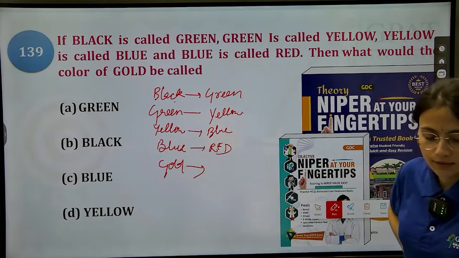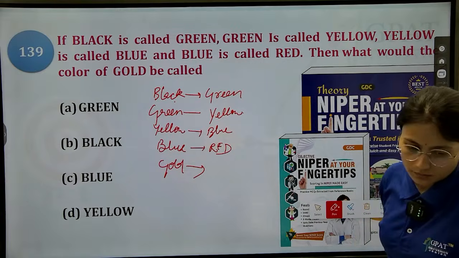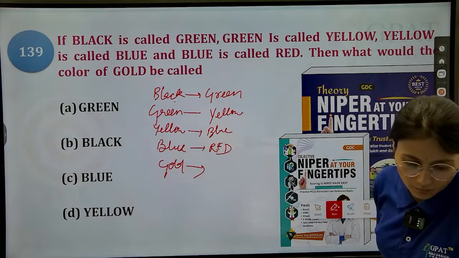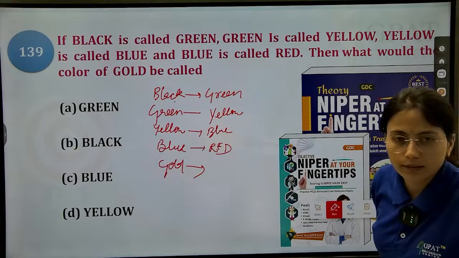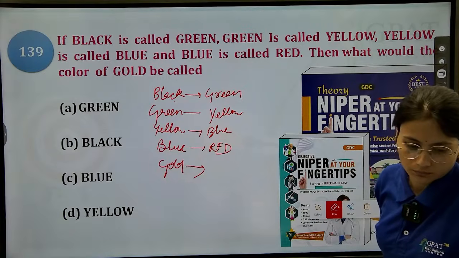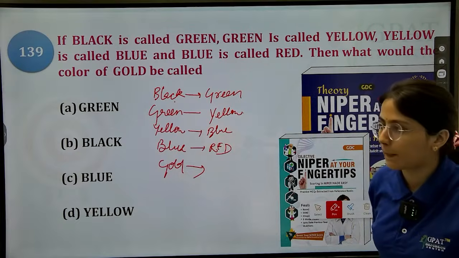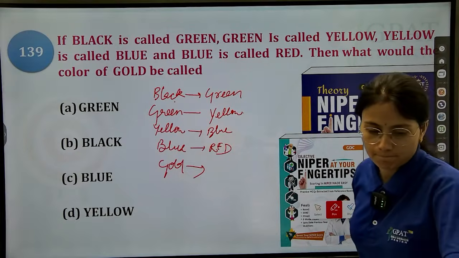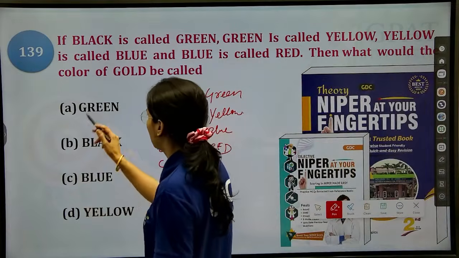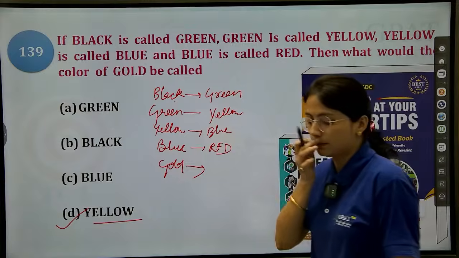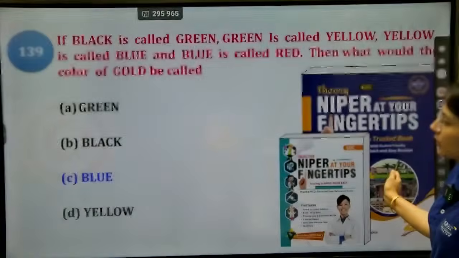So the answer is yellow, option D. Am I right? Status world, Vasundhara, issue: gold is yellow. Yes, of course, that is yellow. Option D is correct for question 139. Now move to the next question.